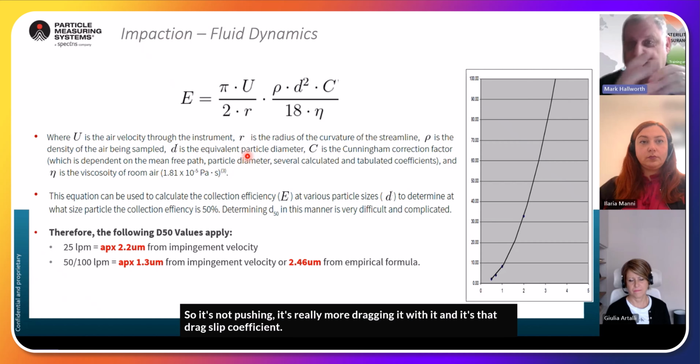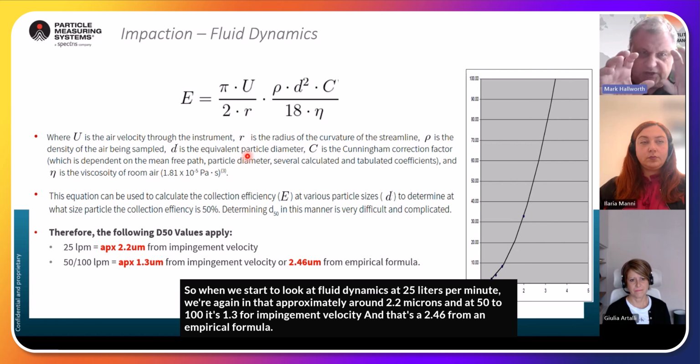So it's not pushing, it's really more dragging it with it, and it's that drag slip coefficient. So when we start to look at fluid dynamics, at 25 liters per minute, we're again approximately around 2.2 microns. And at 50 to 100, it's 1.3 for impingement velocity, and that's a 2.46 from an empirical formula.